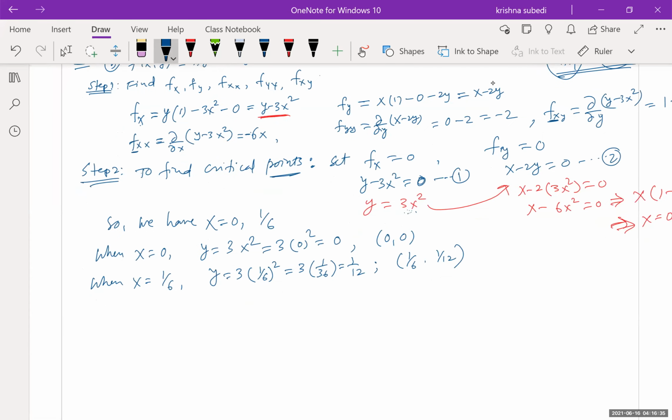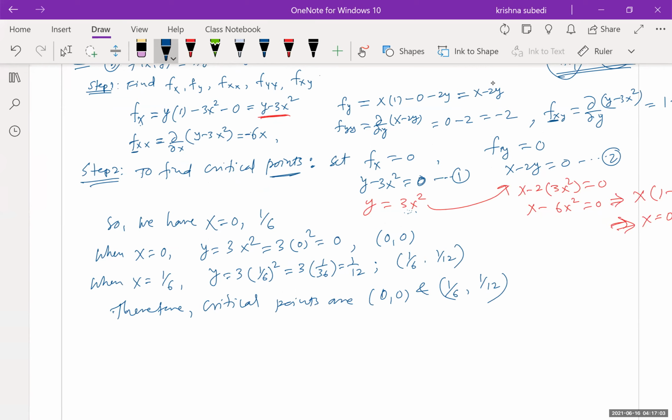So the critical points are (0, 0) and (1 over 6, 1 over 12). So we got the two critical points. Now recall from calculus 1, a critical point is the candidate for maxima and minima.